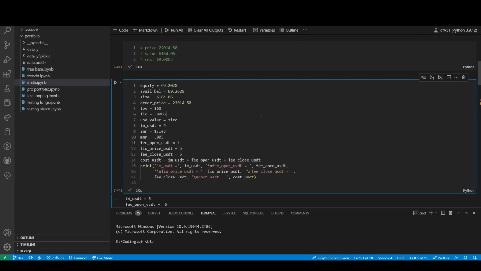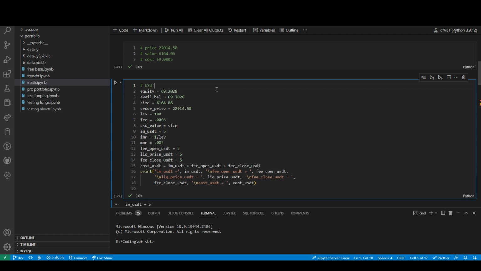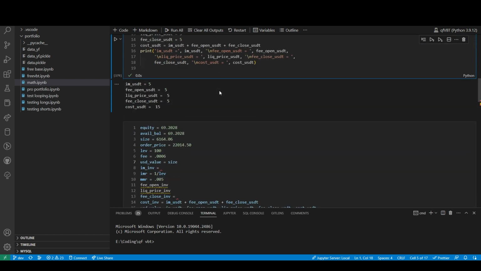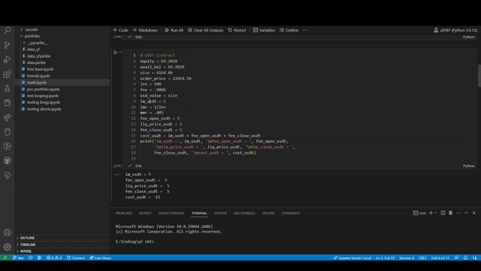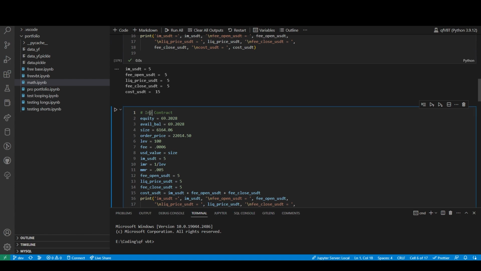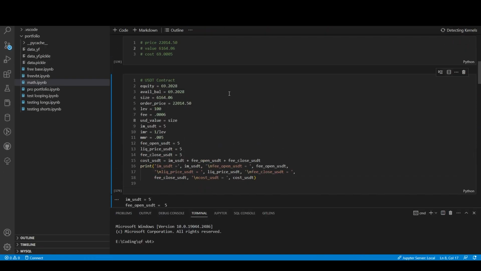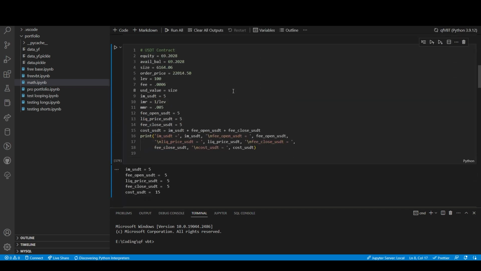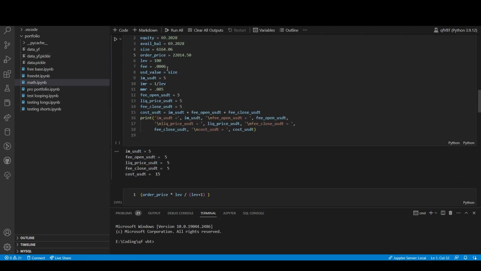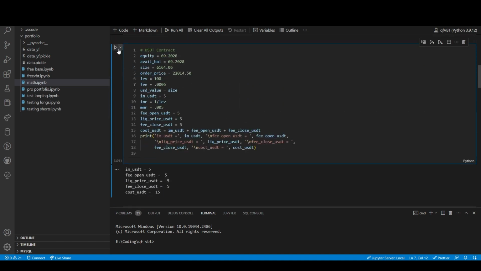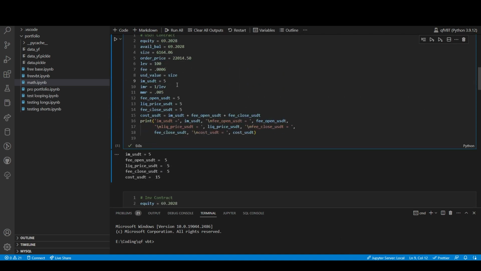So what we will do when we get back is we're going to follow the USDT here. And then we're going to follow the inverse contract.